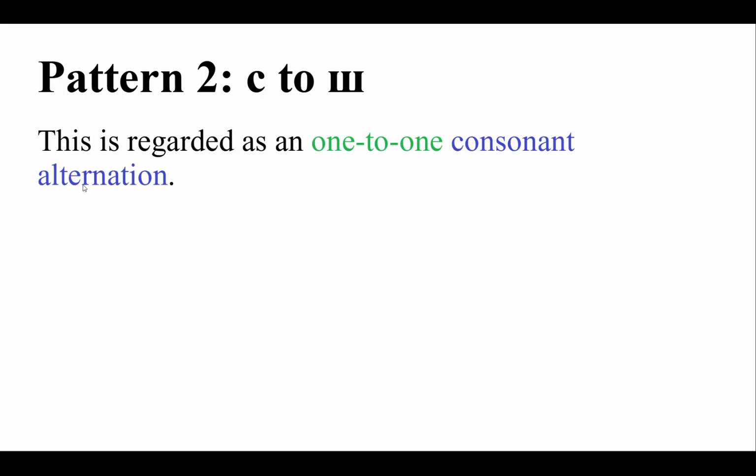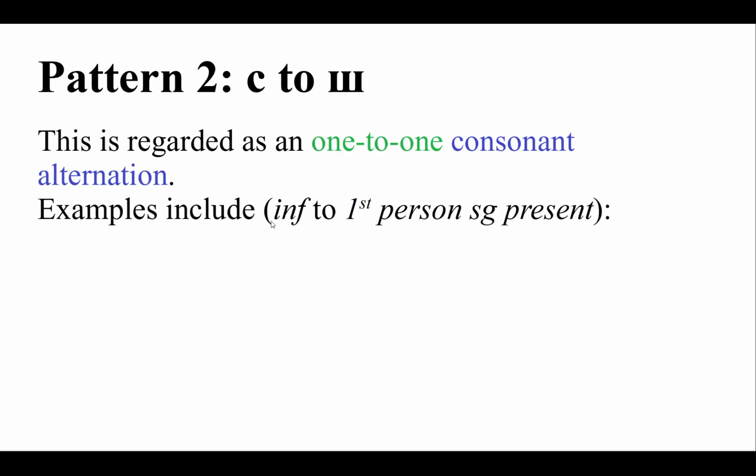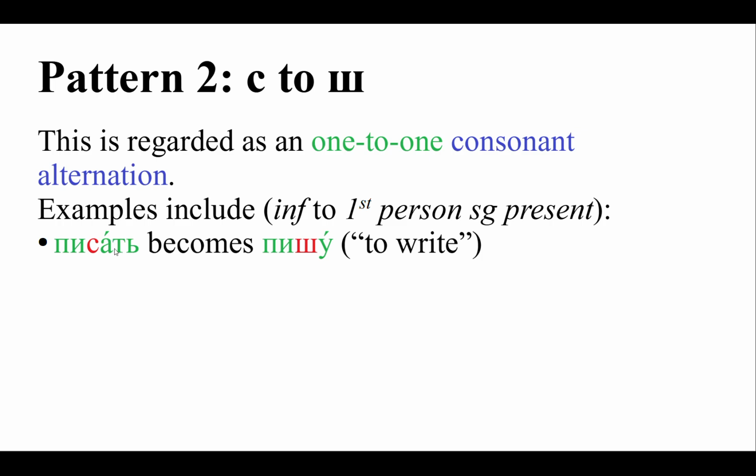How about the second pattern? It's switching from s to sh. Also one-to-one, one alphabet letter to another. Examples include also verb conjugations. Pisat, well, this is a common one, to write. Pishu, meaning I write.